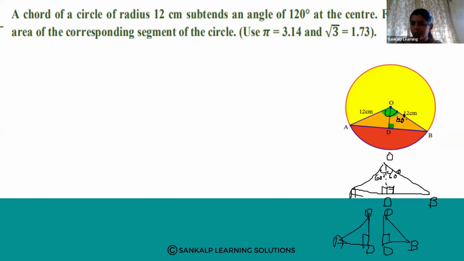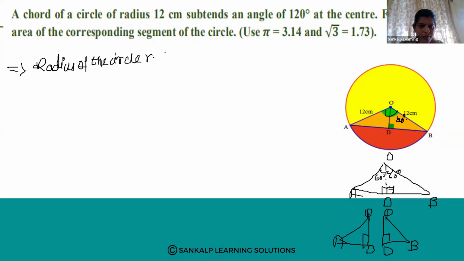So now, let us write what is given for the radius of the circle. The radius of the circle R is 12 centimeters, right?